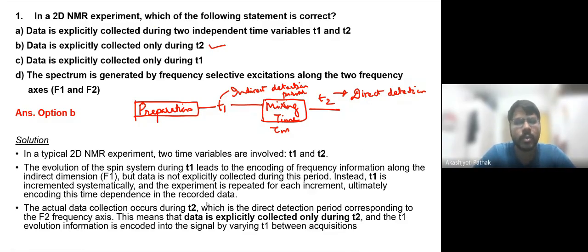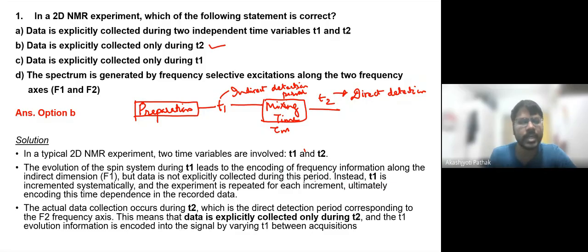So in a typical 2D NMR experiment, there are two time variables involved, T1 and T2. The evolution of the spin system during T1 leads to encoding of frequency information along the indirect dimension. But data is not explicitly collected during the T1 period.